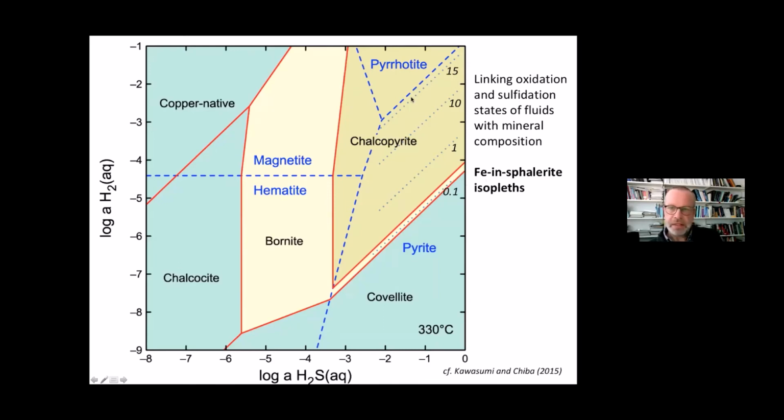And if it's a low sulfur fugacity fluid, then it should be high in iron. Or you could look at it in terms of redox and say oxidized fluids, low iron, reduced fluids, high iron in the sphalerite.